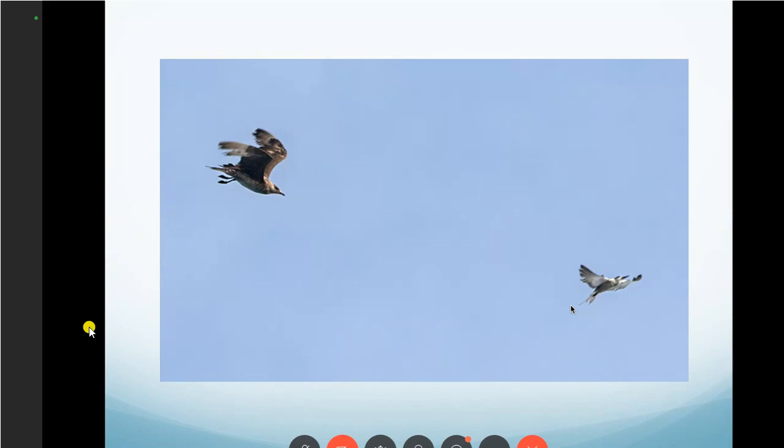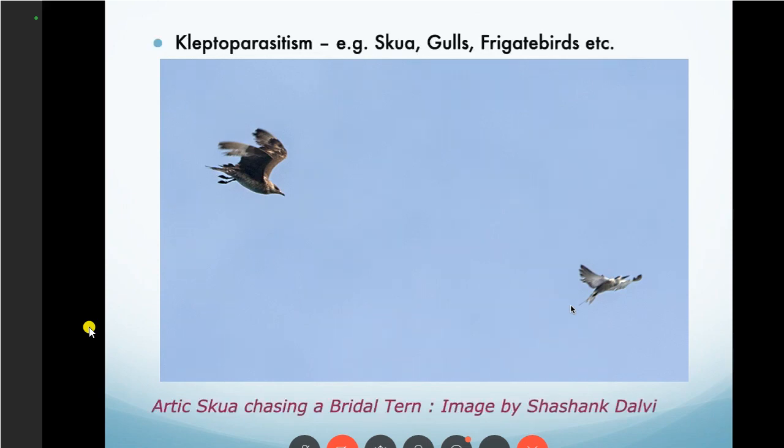Skuas are even better than them. They steal food even from gulls, and that is called kleptoparasitism, where they steal prey from other bird species. You can say they are the pirates of the seaworld. They attack everyone for food, that's their technique. It's the easy way out: let someone else do the hunting and just steal the food from them.